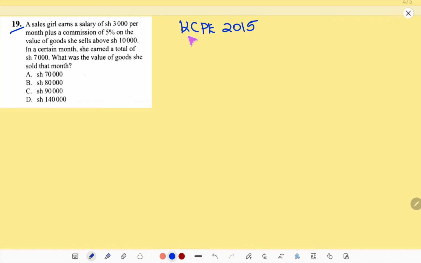So, this is a question about commission. How do we go about it? The total salary was 7,000 for that month. And she has a basic salary of 3,000.